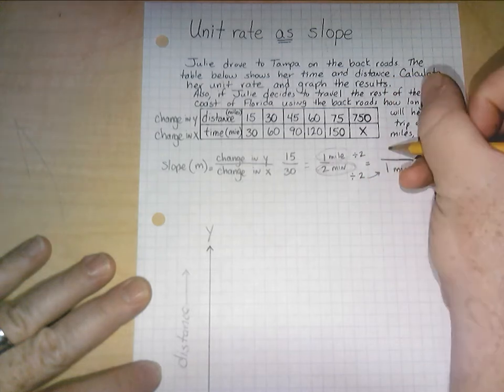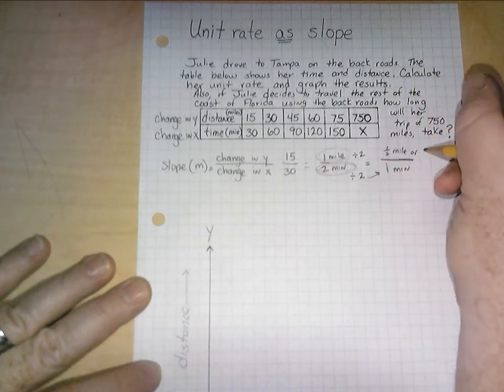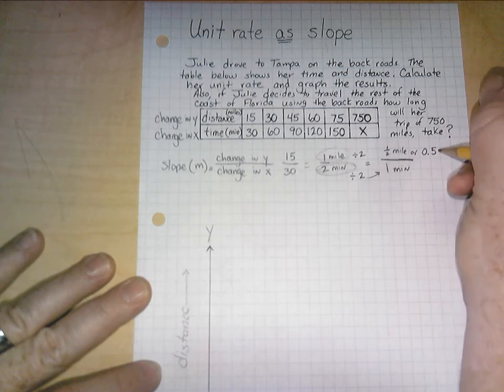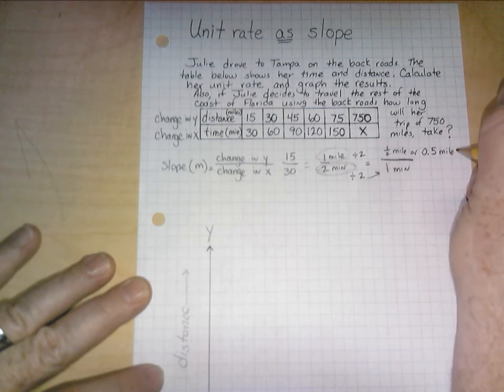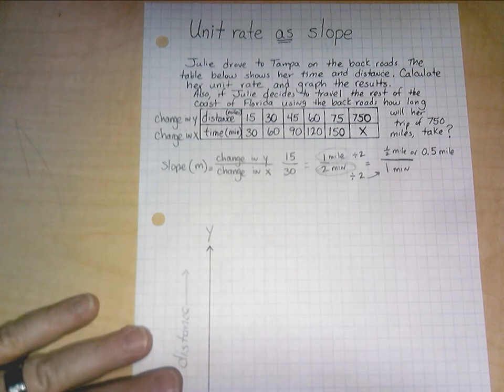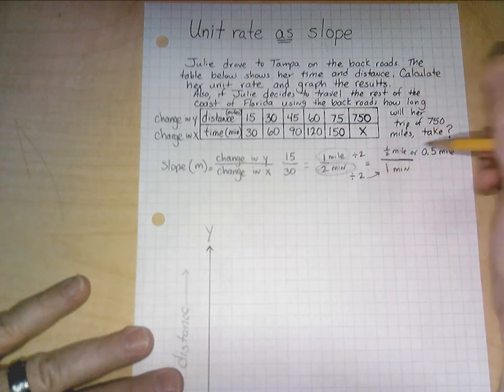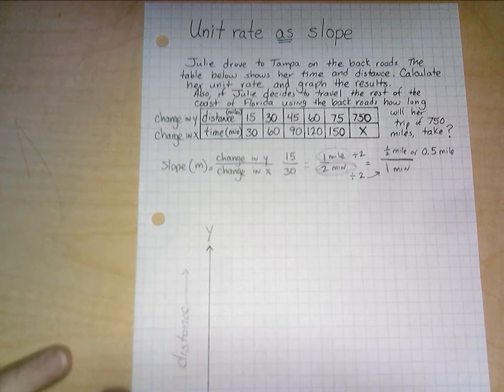We could either get 1/2 mile, or we can write this as 0.5 miles. It's really up to the person doing the math. They could say 1/2 mile in a minute, or 0.5 miles in a minute. So it's up to you how you want to write that.